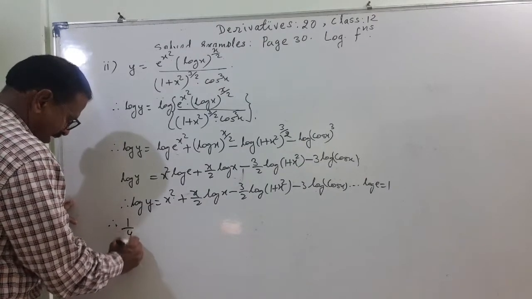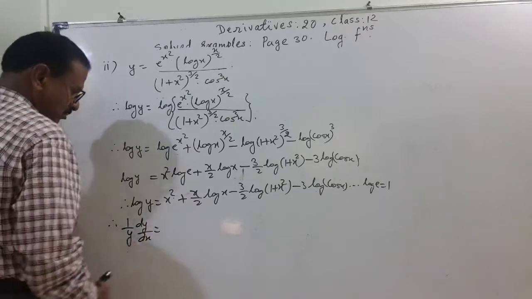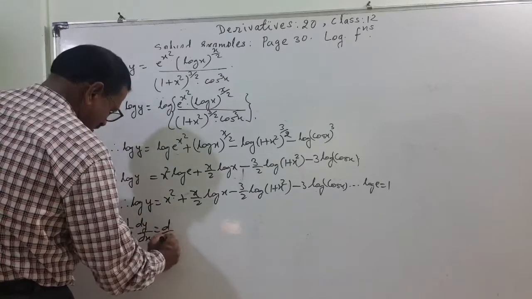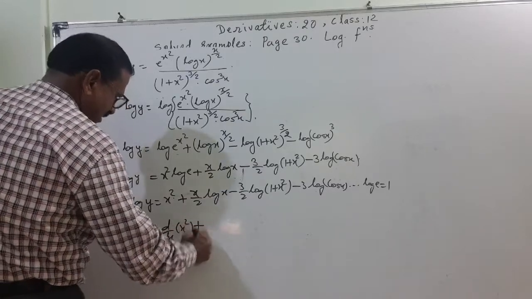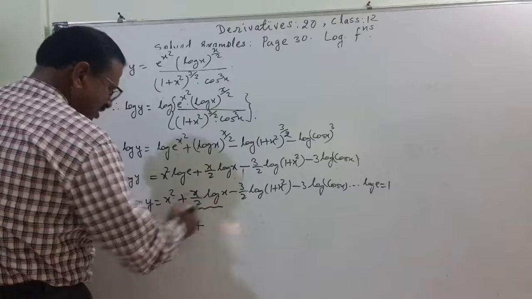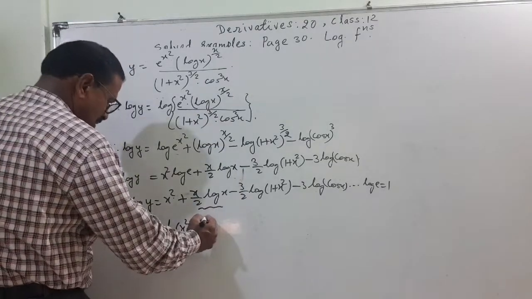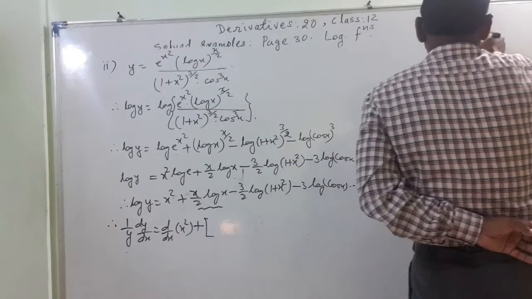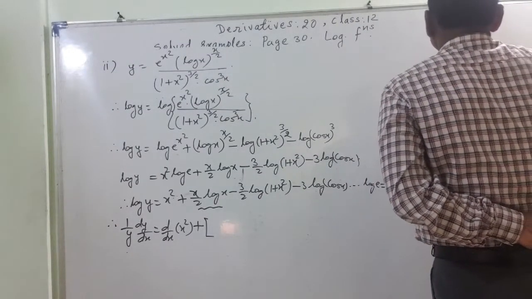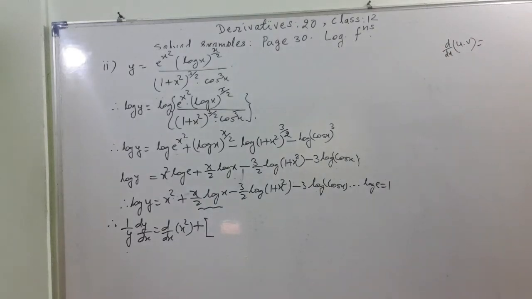1 upon y dy by dx is equal to d by dx of x square plus, here this is u into v. I have to apply the rule for that, the u into v rule. d by dx of u into v is equal to, use the barber rule.